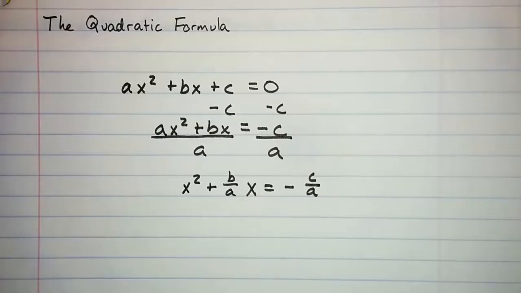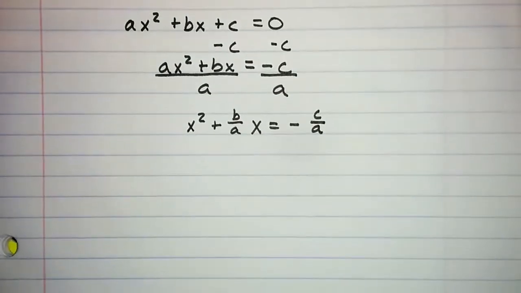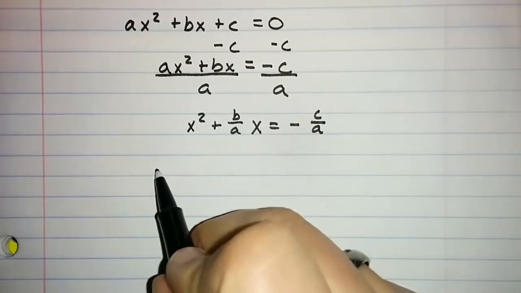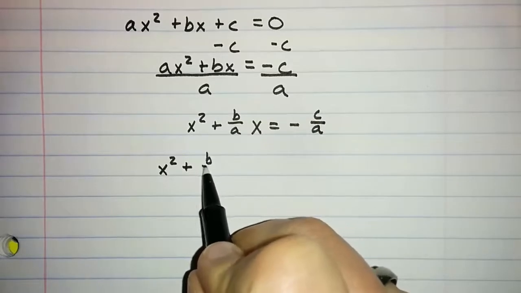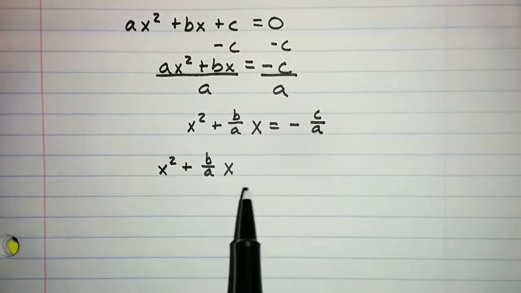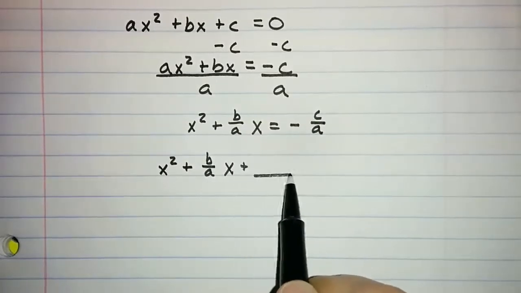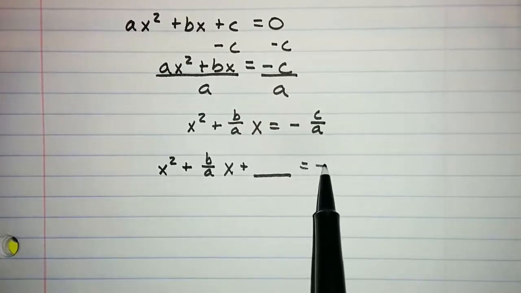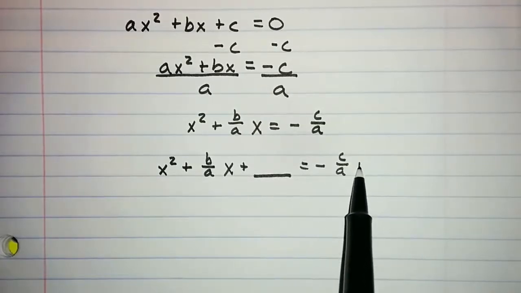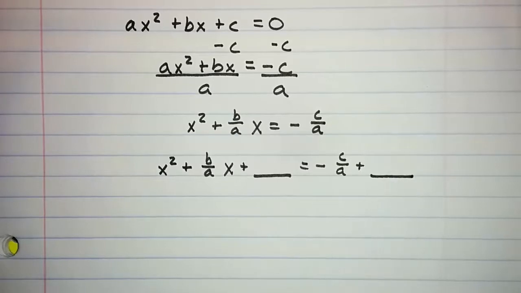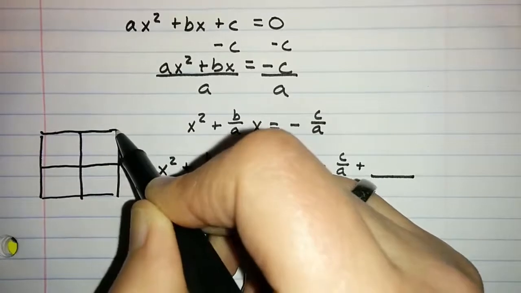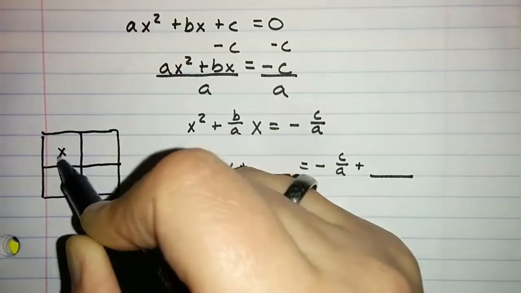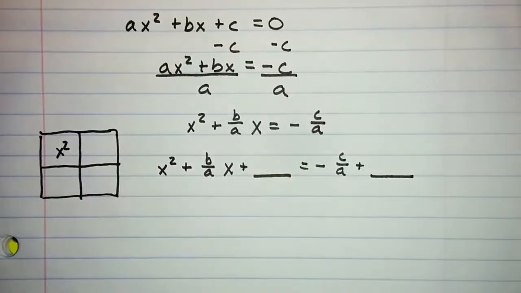So far, so good. This next step is going to be kind of weird with all these variables here, but bear with me. I'll want x squared plus b over a x plus something equals negative c over a plus that same thing. Watch me give myself a little bit of extra space in this box, because I'll have an x squared term up here.